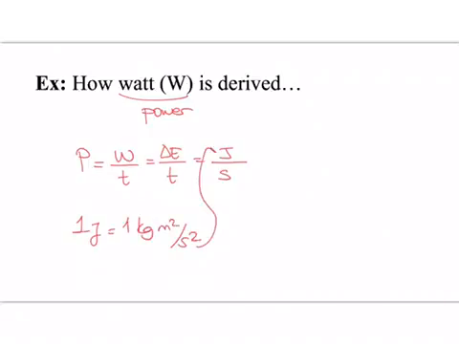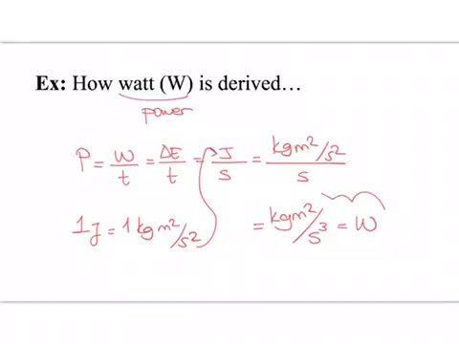So when I put this value here, kilogram meter square per second square over second, I have the unit kilogram meter square per cubic second, which is equal to a special unit, watt.